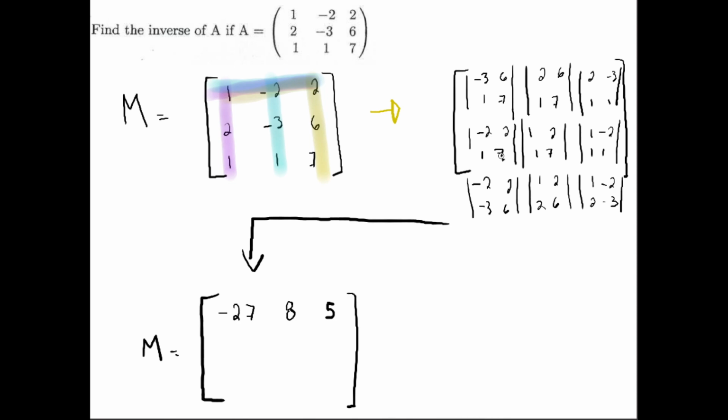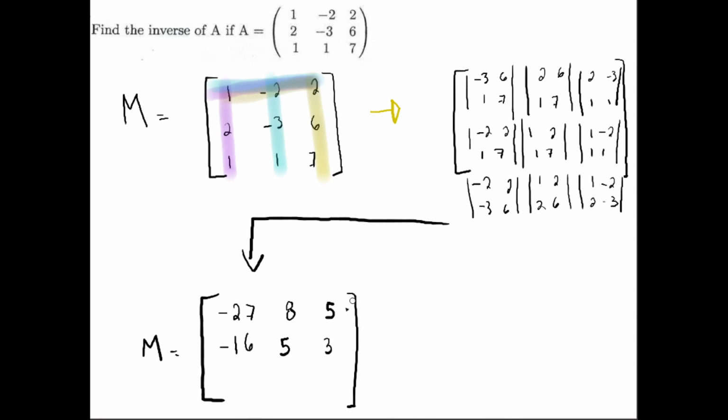Now I have negative 2 times 7, which is negative 14. Negative 14 minus 2 is negative 16. 7 minus 2 is 5. 1 minus negative 2 is 3.